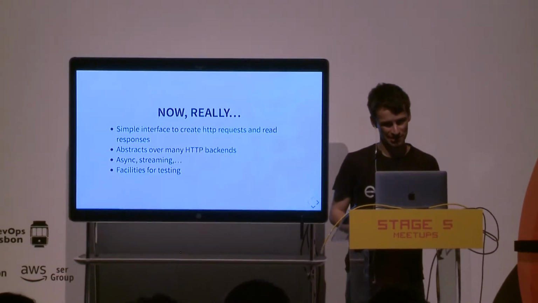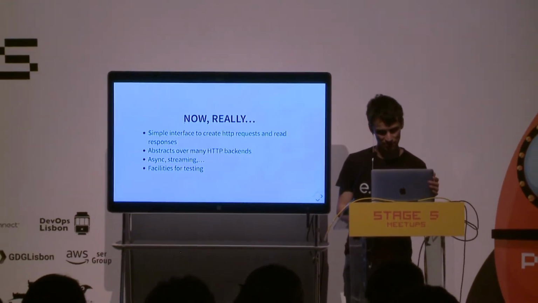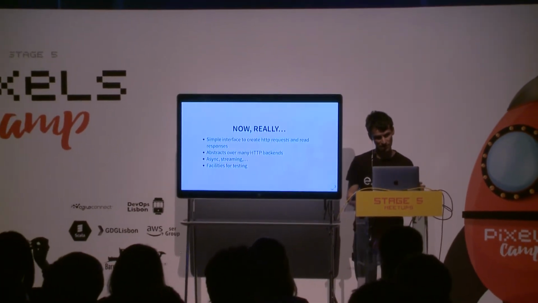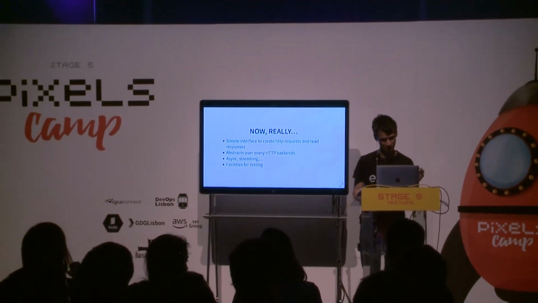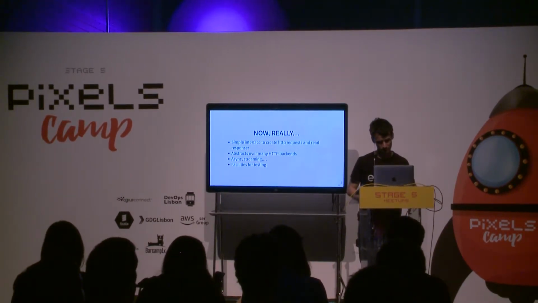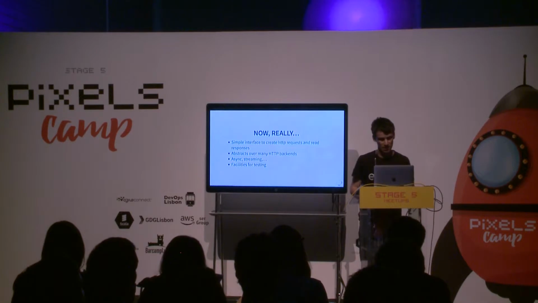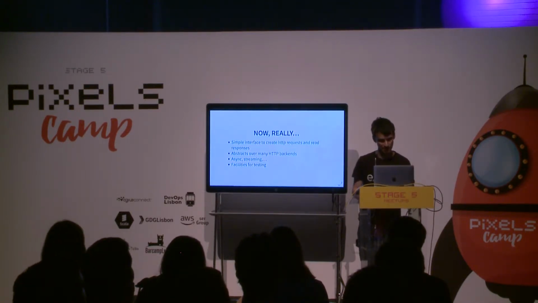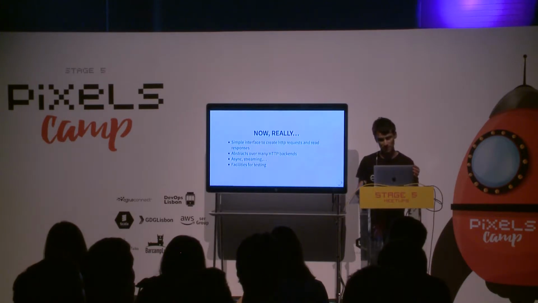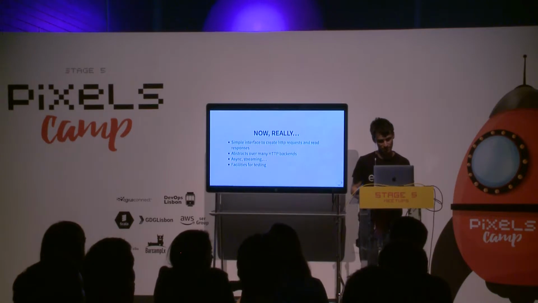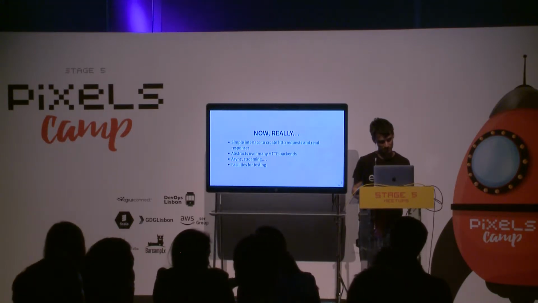Okay, so really, what is that? STTP provides you a simple interface to create HTTP requests in Scala, and read responses, of course, because it's kind of useful to read what you get back. Actually, STTP is not an HTTP client by itself. It abstracts over other, say, lower-level clients like Akka HTTP or whatever.